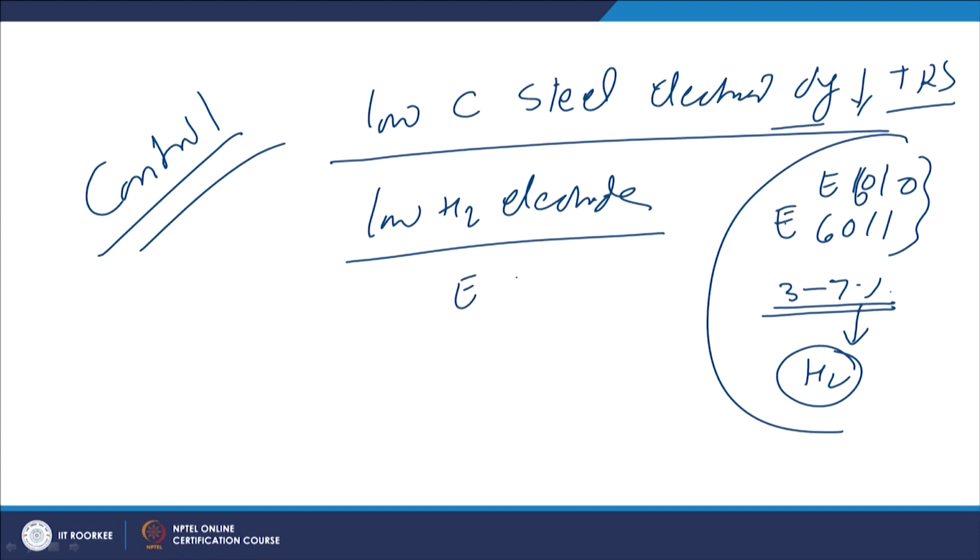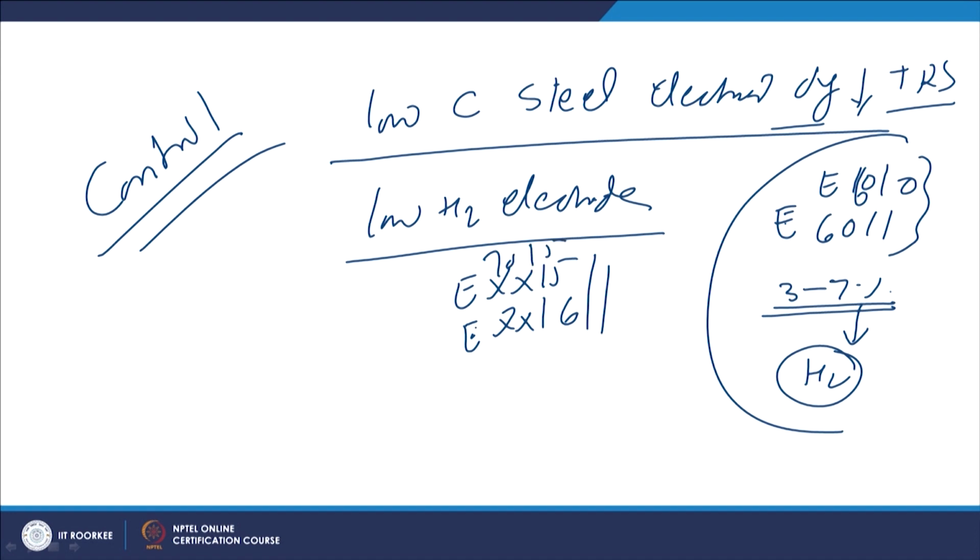The typical low hydrogen electrodes include the 6000 or 7000 series, like EXX15 and EXX16. So, these are the two common low hydrogen electrodes, either 7015 or 6015.